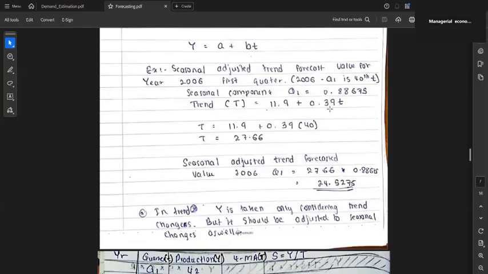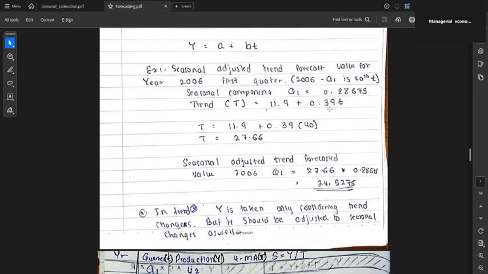if you forecast the value of the dependent variable, let's say quantity of demand, by using a regression model, then what you are getting is only the trend component.